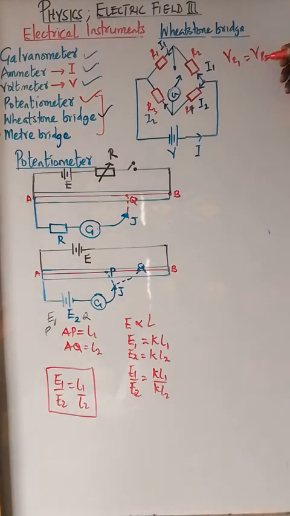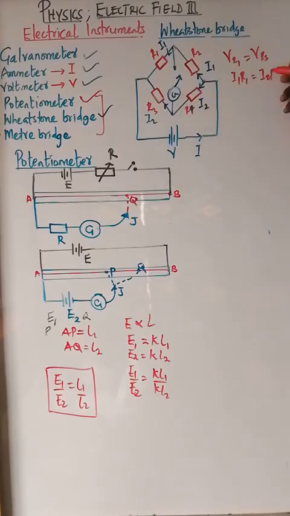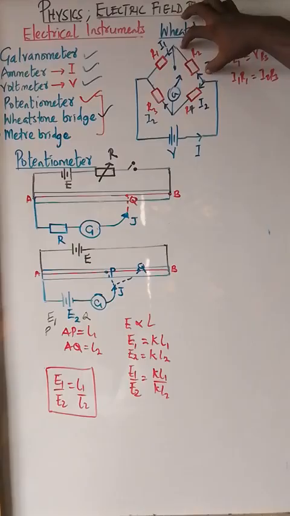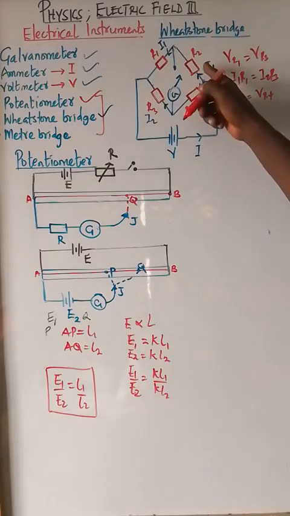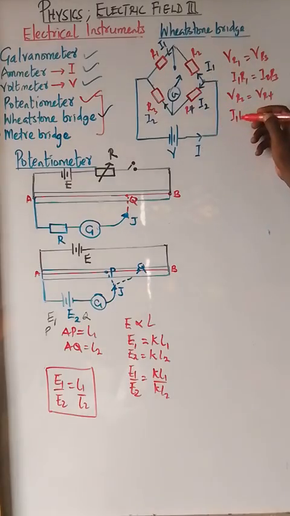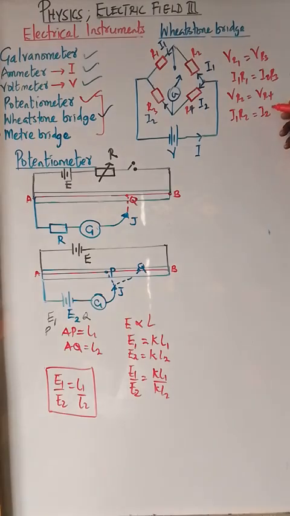And what's the PD here? I1R1. For this one, it is I2R3. Same thing goes for the other side: the PD across R2 and the PD across R4 will be the same. For R2 we have I1R2, and for R4 we have I2R4.